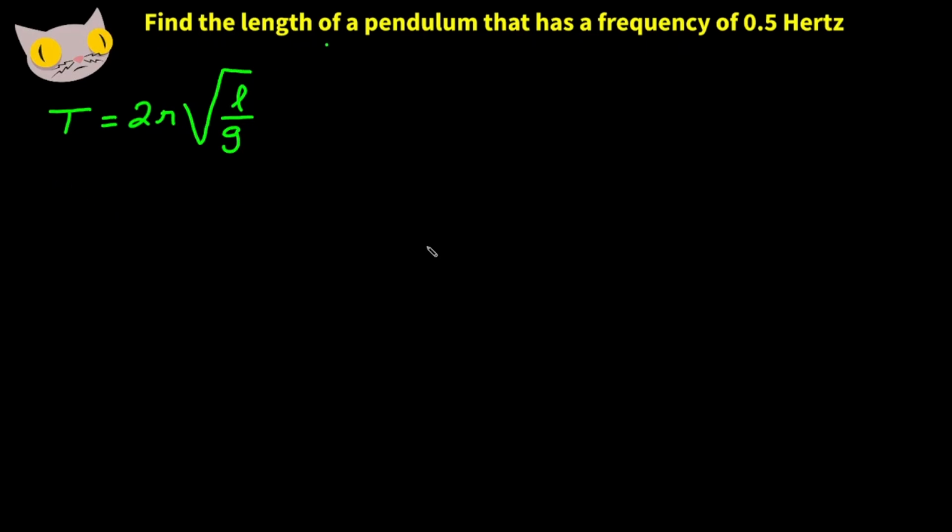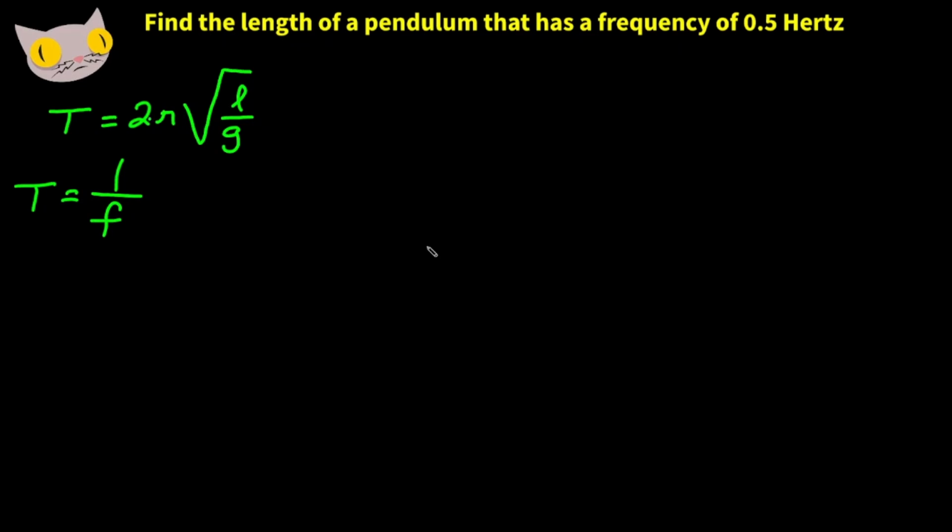Find the length of a pendulum string, I assume I mean the string, that has a frequency of 0.5 hertz. Okay, so to find the frequency, that's just the inverse of this, because period is equal to 1 over frequency.